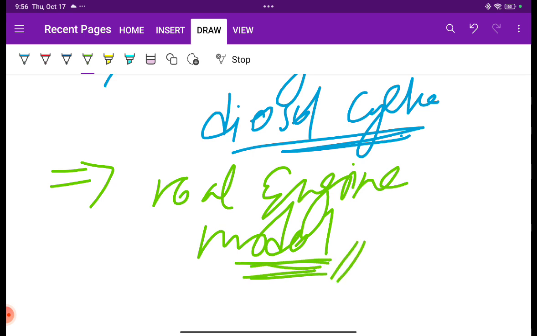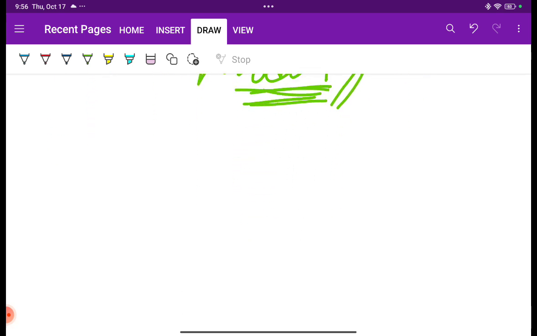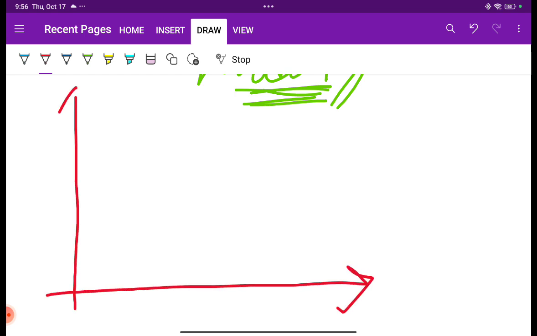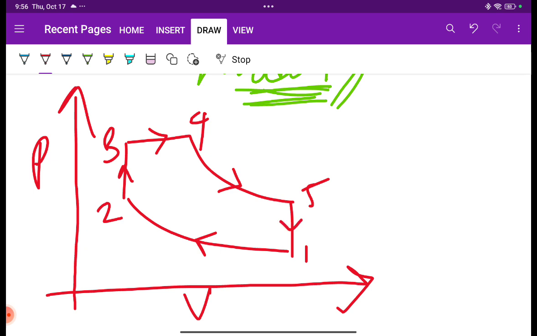So let us make the graph and understand its process one by one. So let's first make the PV diagram. By the way, mark my words, it's an air standard dual cycle. So it's the PV diagram. So 1, 2, 3, 4, 5.